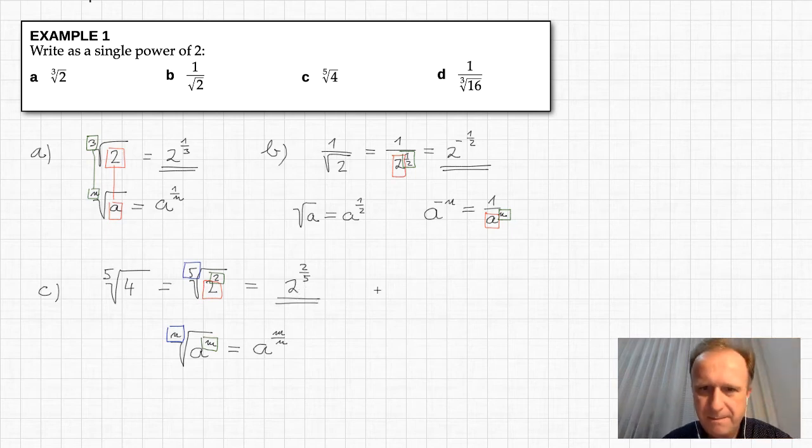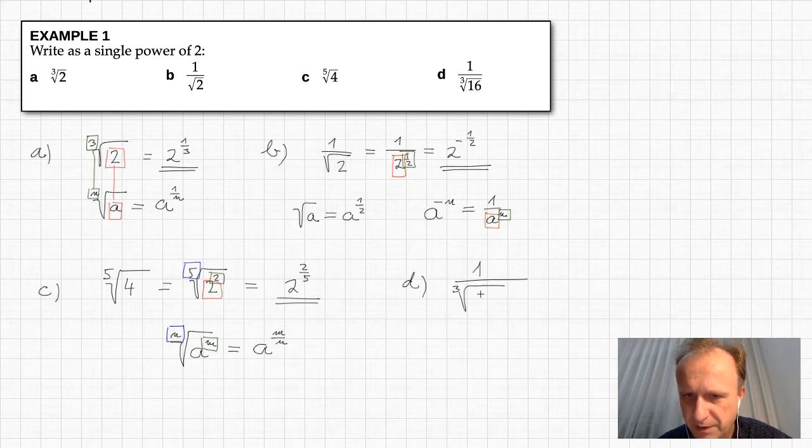And finally, we have part D, in which there is a fraction 1 over the third root of 16. Okay, now we can replace number 16 by a convenient power of 2. 2 to what power is 16? When you think about it, you see that it's 2 to the power of 4.